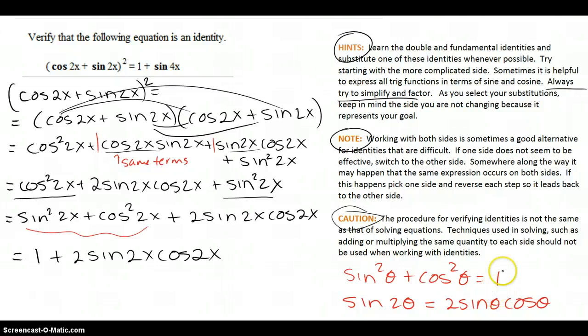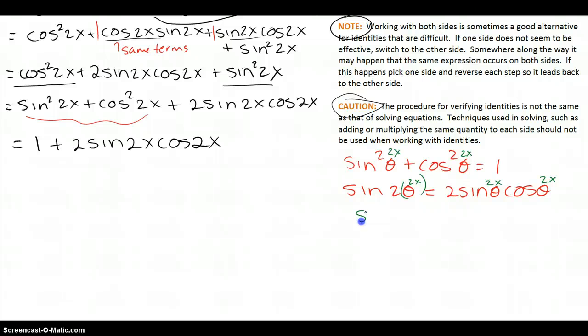So if I notice here, let's just do this in another color. If this theta is a 2x, this theta was a 2x, it still led us to 1. Well, if this is a 2x and this is a 2x, then this would be a 2x, and that would lead us to 4x. So this would tell us that sine of 4x we know is 2 sine of 2x cosine of 2x.